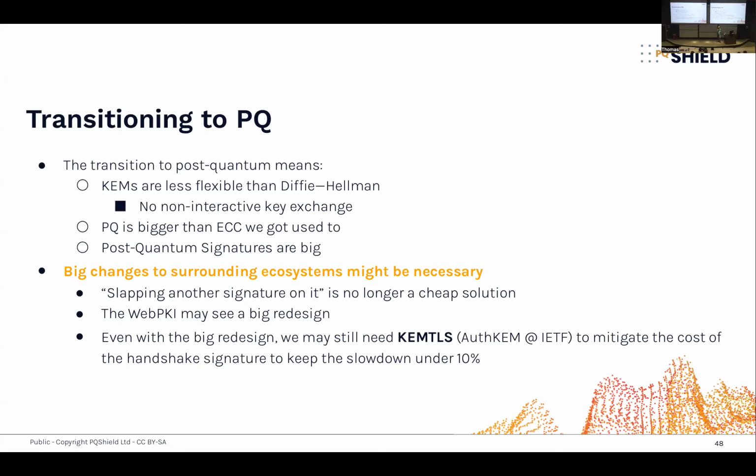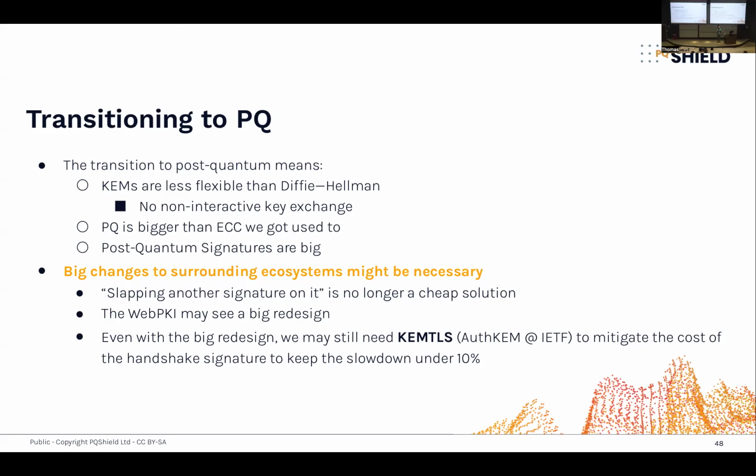The Diffie-Hellman operations in X3DH from Signal, which are also used for the authentication with the identity keys. If we had non-interactive key exchange instead of KEMs, then we could just plop in a different primitive there, but we don't have that. So some protocols will need to be redesigned.